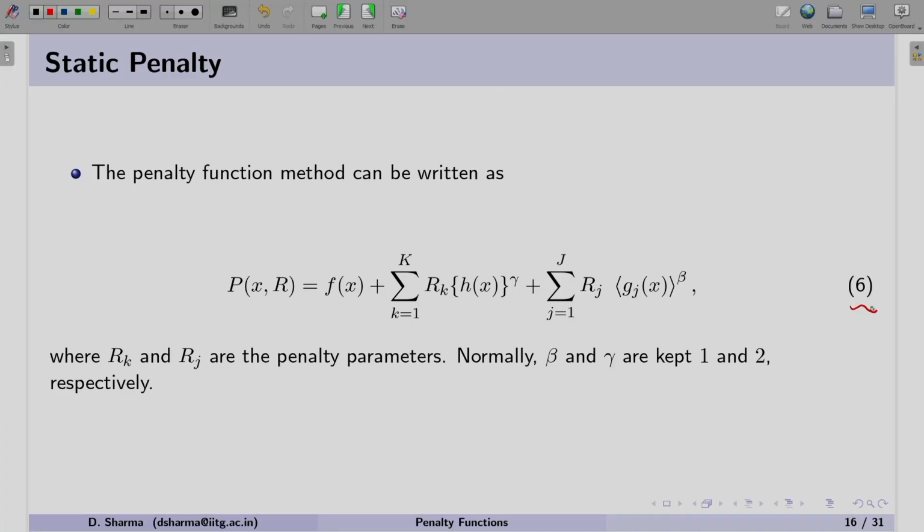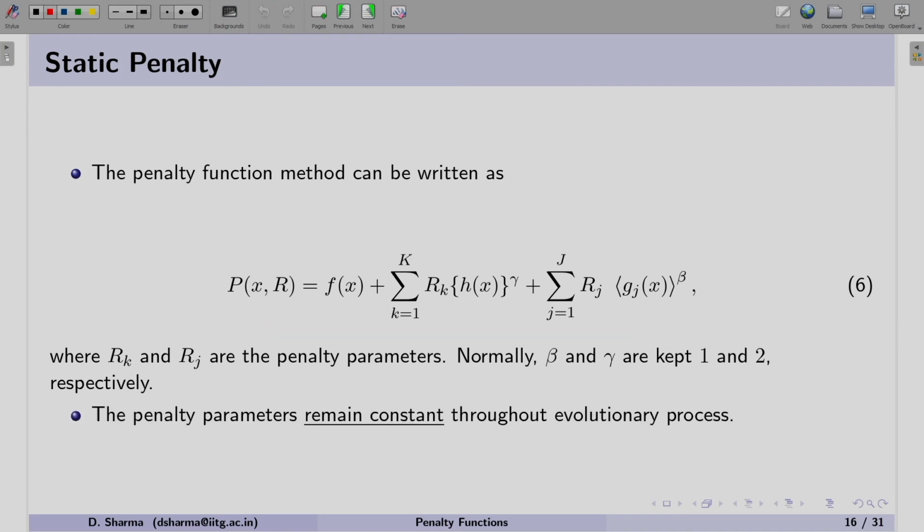If we look at equation number 6, this is the same penalty function method we have written earlier, where we have the penalty function written with the help of x and r, and on the right hand side we have the objective function, then the constraint violation with respect to equality constraints, and then the constraint violation with respect to inequality constraints. So, using those constraint violations, we are making a penalty term here.